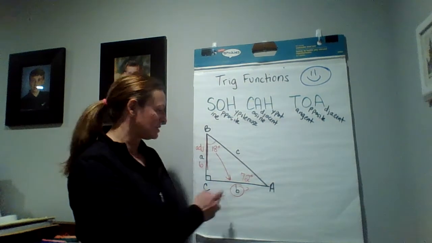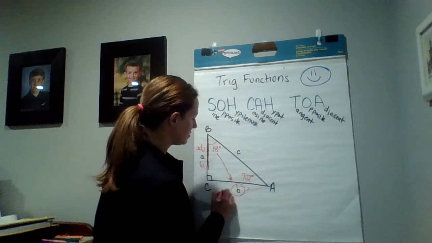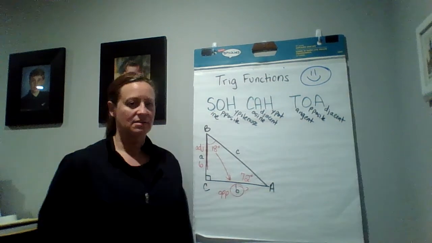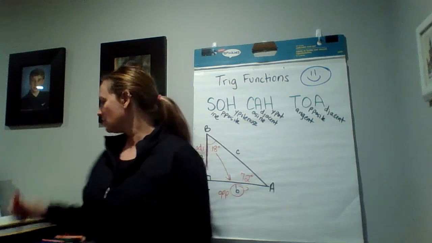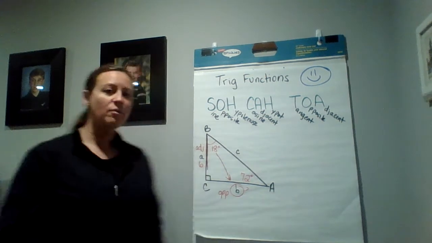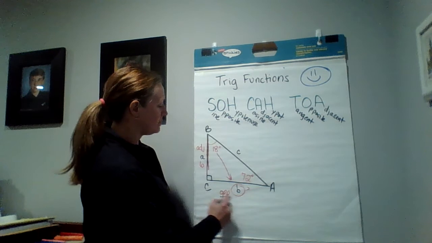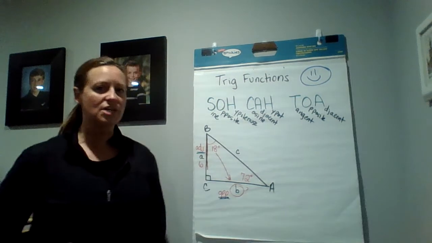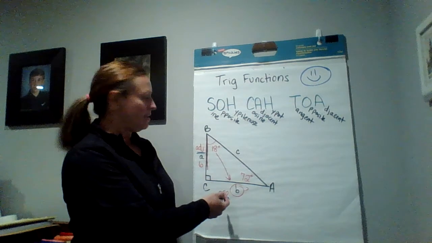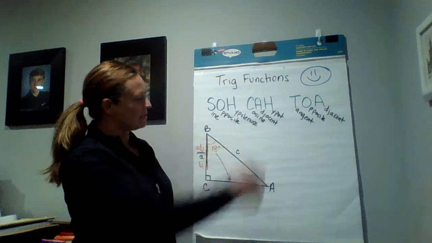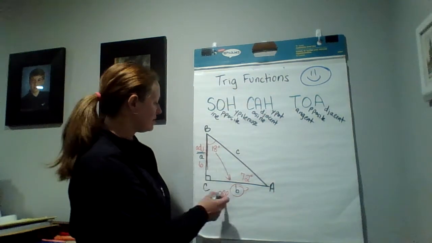It is opposite, or across the way. So I'm going to label that opposite. And now I'm going to think about which trig function would be helpful if I'm dealing with opposite and adjacent that I either know or care about. And it's really not asking me anything about hypotenuse, just opposite and adjacent.